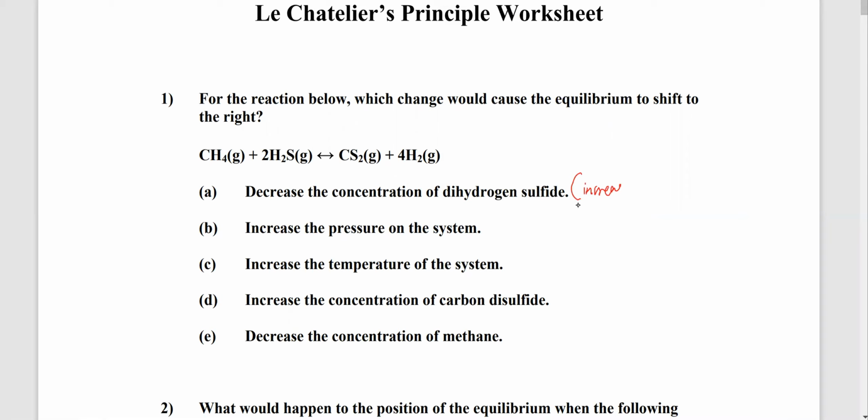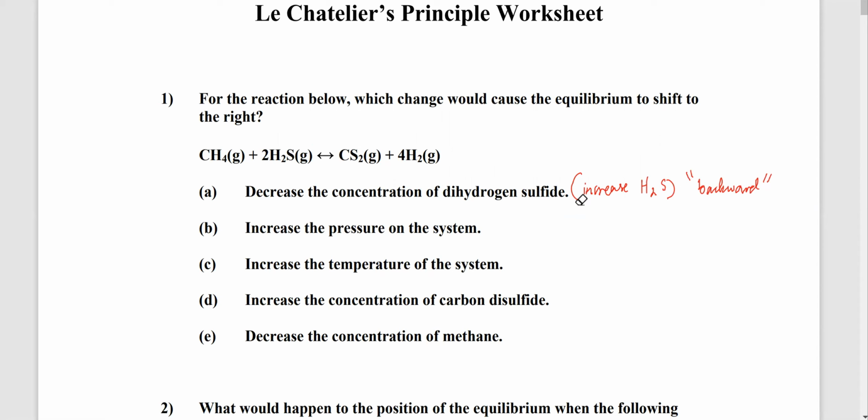It's going to try and increase H2S. So how can it increase H2S? It's going to favor the backward reaction. So that is definitely not the answer. In this case, it's going to be the backward. So we're looking for the forward reaction. So let's simply erase that.